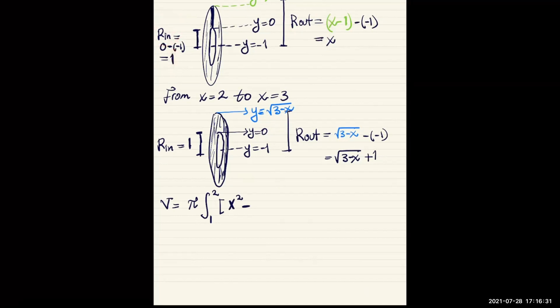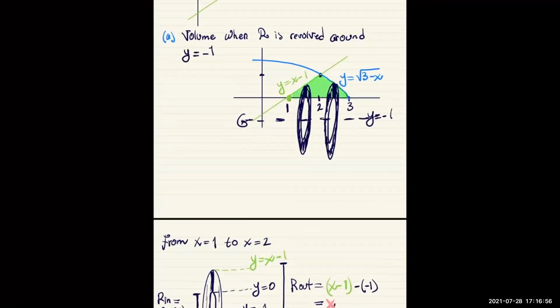The inner radius is 1. Maybe if I color these differently. That comes from there, and let's do 1 in red. dx.